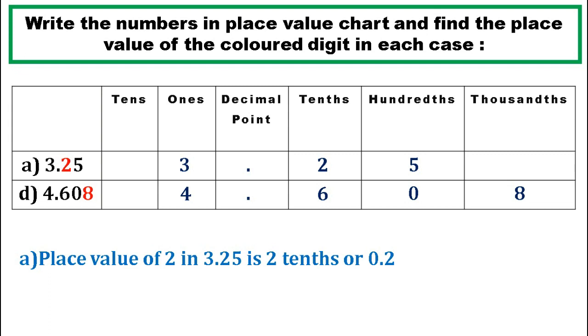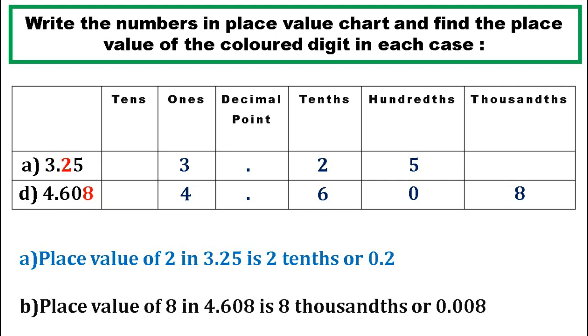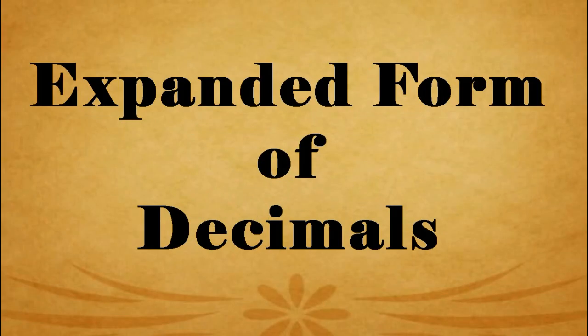So the colored digit in this number is 8. So the place value of 8 in 4.608 is 8 thousandths.